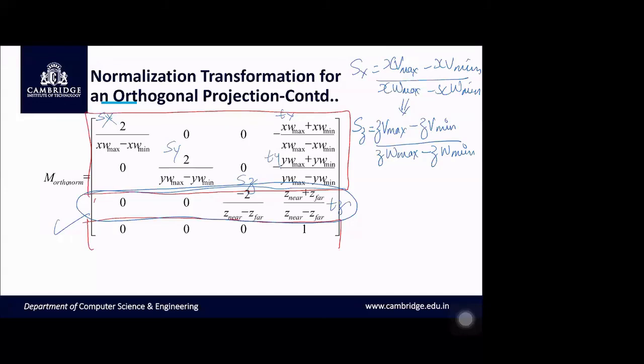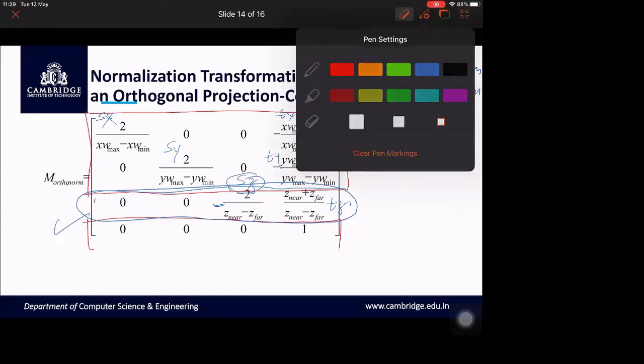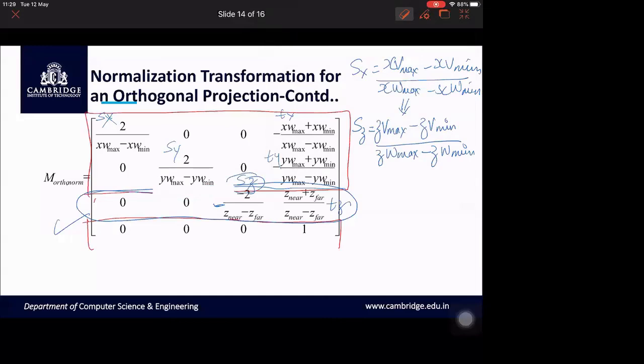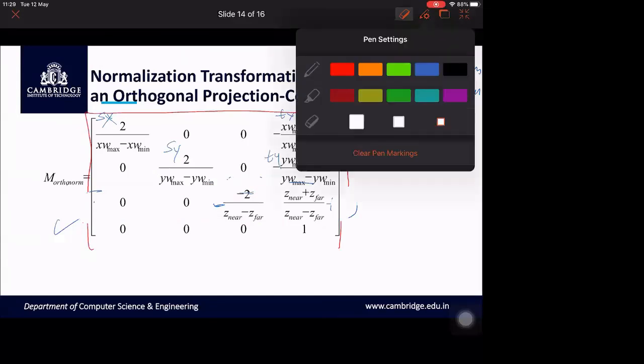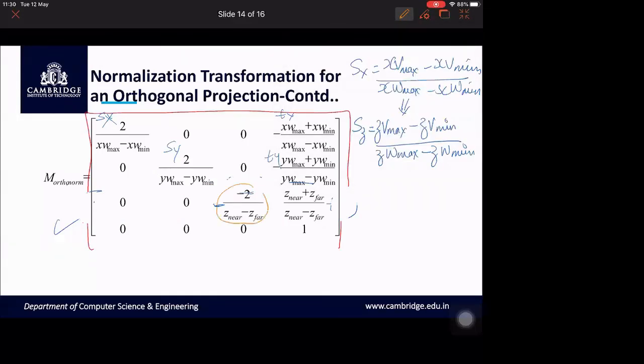So this will be my Sz, which is the disposition which I've written in this part. So now, how I've got -2, let me erase it a little bit. So I need to check this and this. So this is your Sz and this is your Tz.